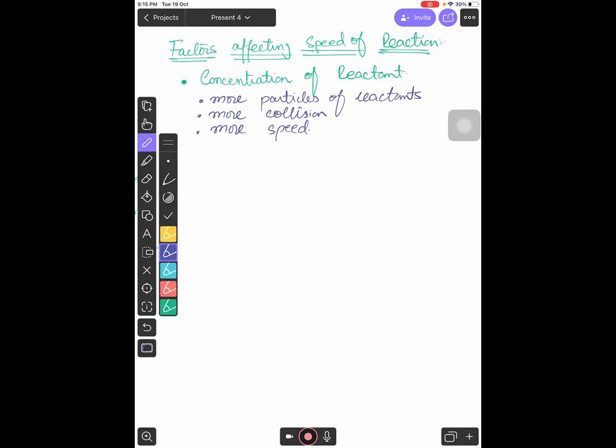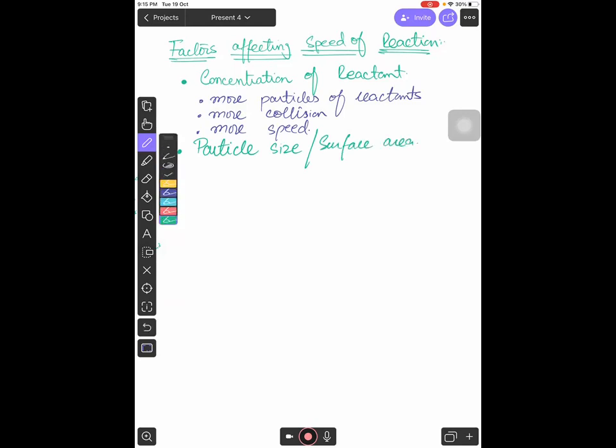So then the second thing, the very important thing about the past papers, is particle size. Particle size, or you can say that it is also surface area. Right?